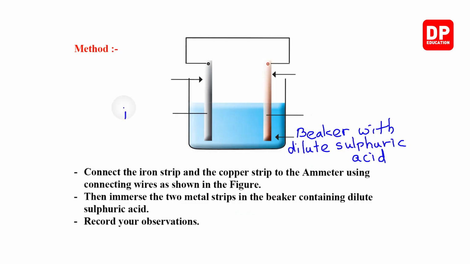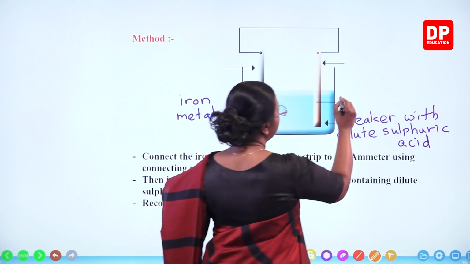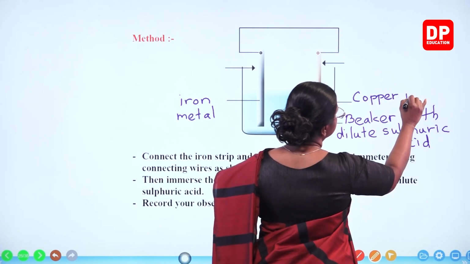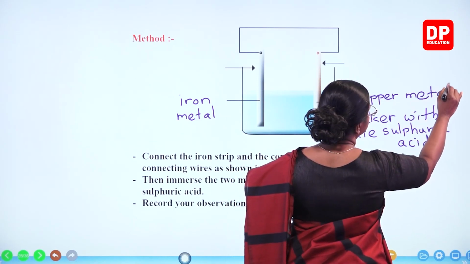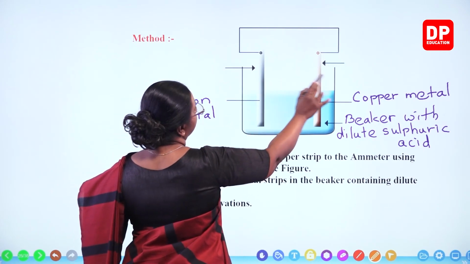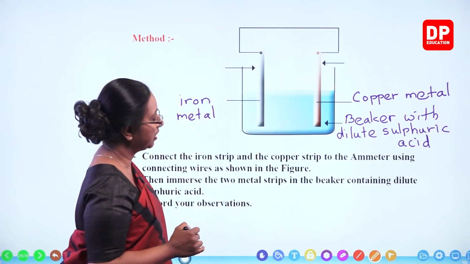This is the iron metal, and here we have copper metal. And then what are these arrows corresponding to?